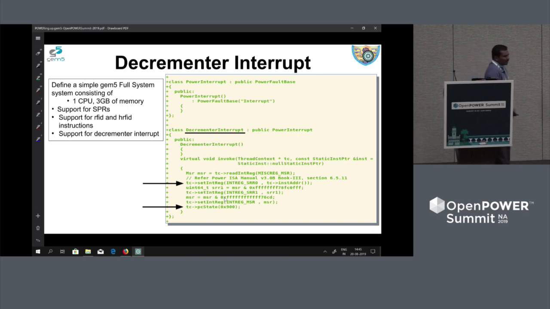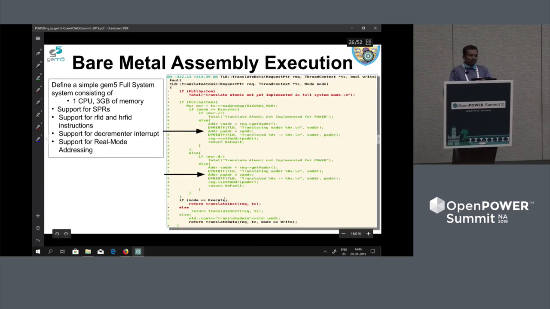The couple of instructions that are highlighted there show the PC being stored into SRR0, and finally the PC state is 0x900, which is where the decrementer interrupt handling happens. At this point we were gaining knowledge on how to include interrupt handling and how to simulate interrupts in gem5.